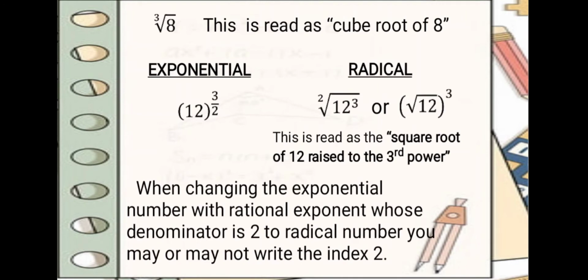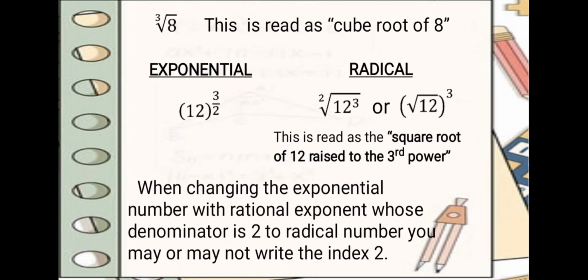So when changing the exponential number with rational exponent whose denominator is 2 to radical number, you may or may not write the index 2. So kapag ang denominator daw natin ay 2, kapag change natin siya into radical form, pwede na natin siyang hindi ilagay kasi automatic na yon na 2 ang index.